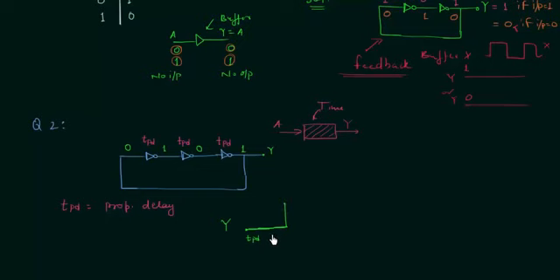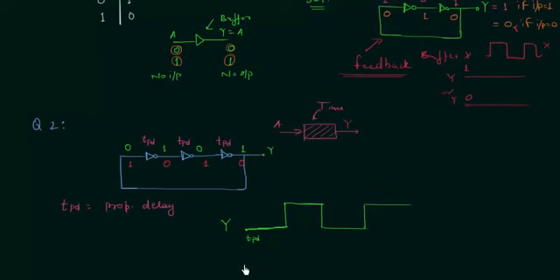Very simple. And as the output is 1 and we have a feedback, we'll have 1 here. So we have 0, 1 and 0. So after 3 T_PD, the output will again go to 0. So this is how it repeats itself.